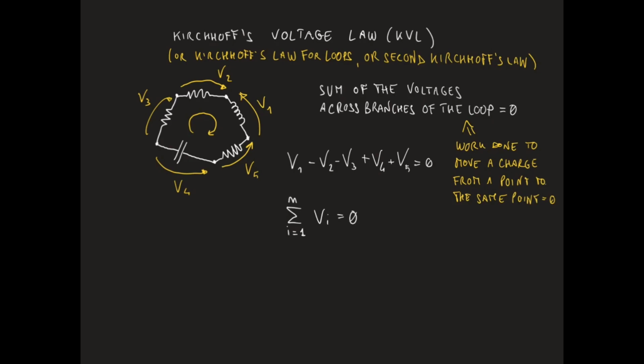Where, of course, V sub i will have to be taken with the correct sign according to the convention adopted for the loop. Of course, the result provided by Kirchhoff's voltage law will not depend on the convention adopted for positive and negative voltages in the loop.